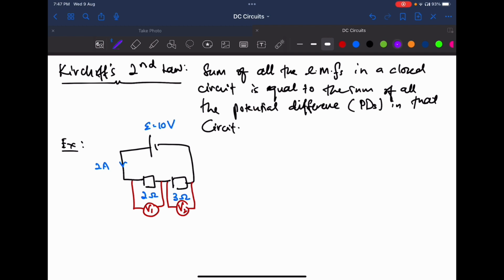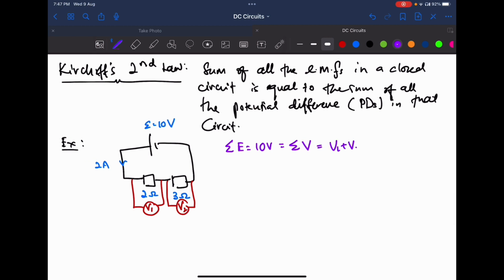Okay, let's see. So total EMF is 10 volts, which equals the total potential difference. So we have V1 plus V2. So we can write 10 equals V1 plus V2. As we already learned, V equals IR.